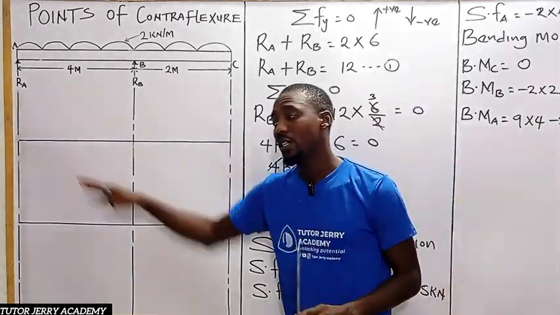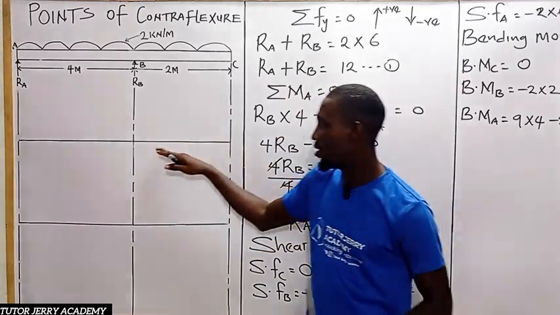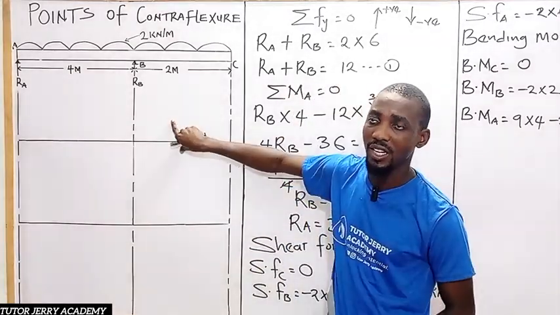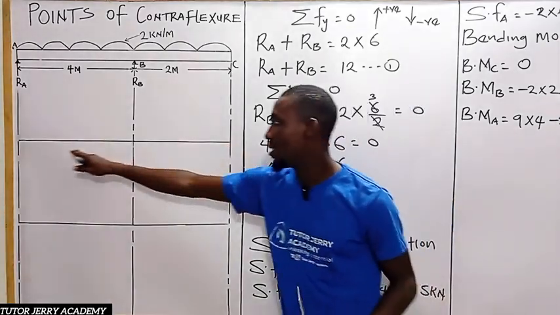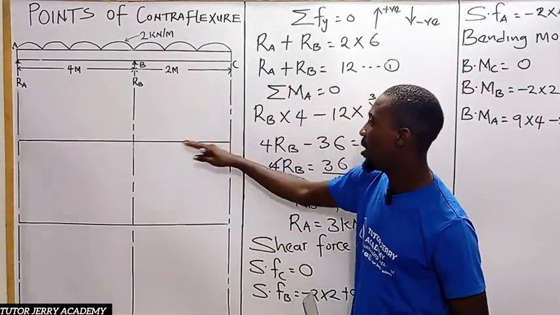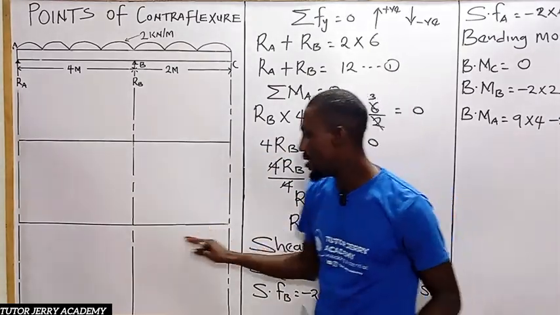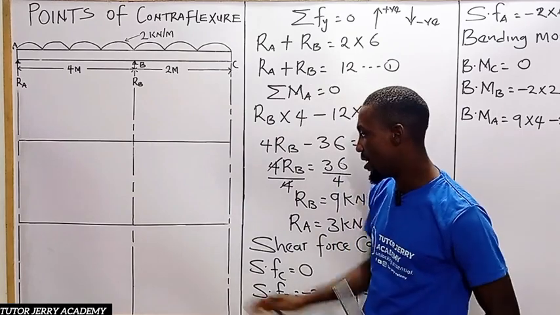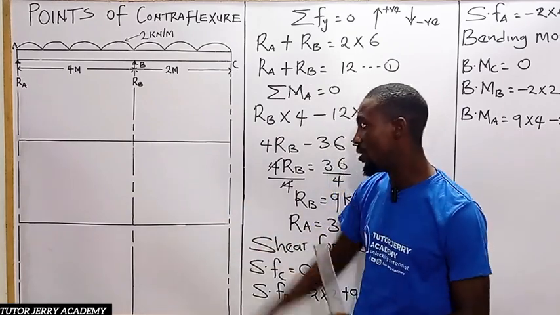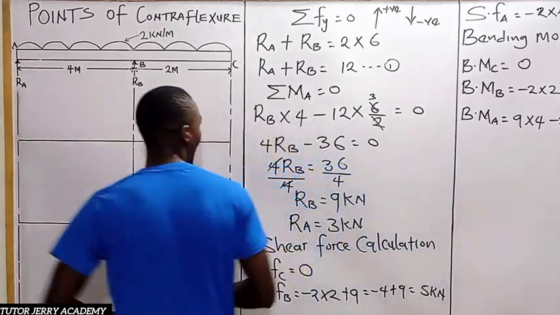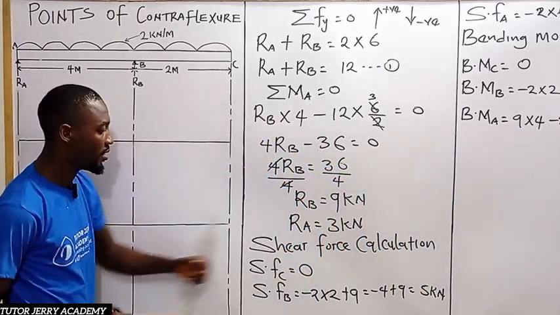So we are going to need a reference line. We are going to start with our shear force diagram. Here is our reference line for our shear force diagram. Above this line is positive, below is what? Negative. This is the reference line for our bending moment diagram. Above is positive, below is what? Negative.